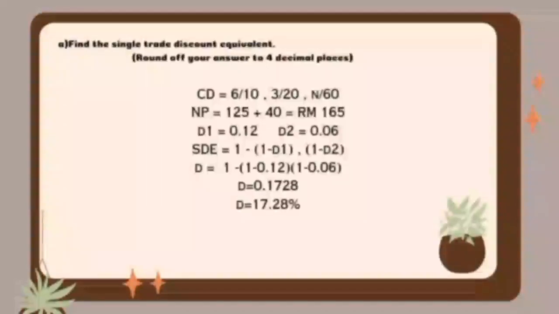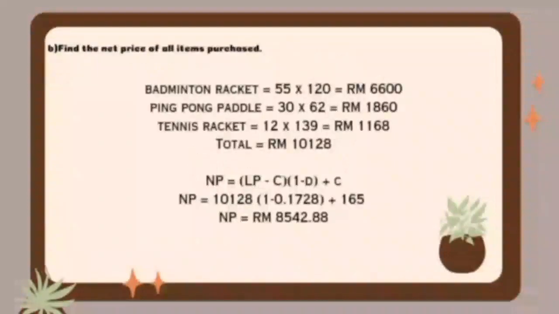Discount 1 equals 0.12, discount 2 equals 0.06. SDE equals 1 minus (1 minus 0.12)(1 minus 0.06). The answer is 17.28%.